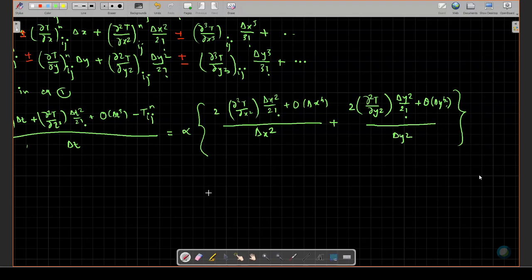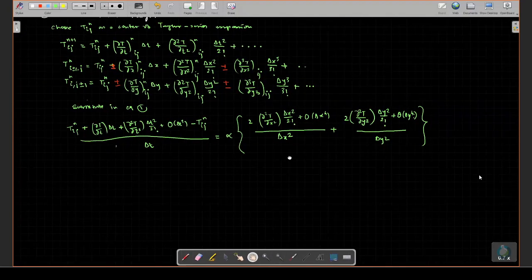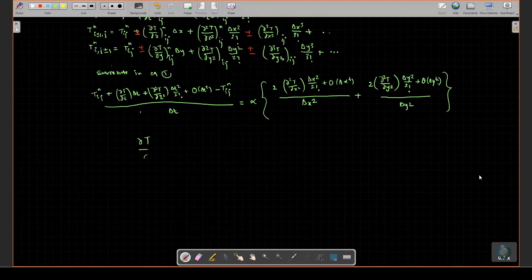Okay, so we'll get this equation, and finally you may get del T equal to minus alpha.